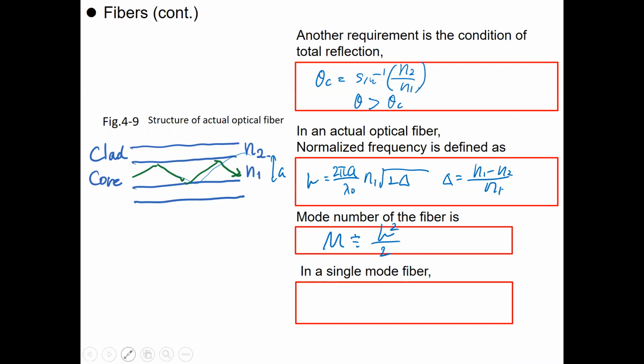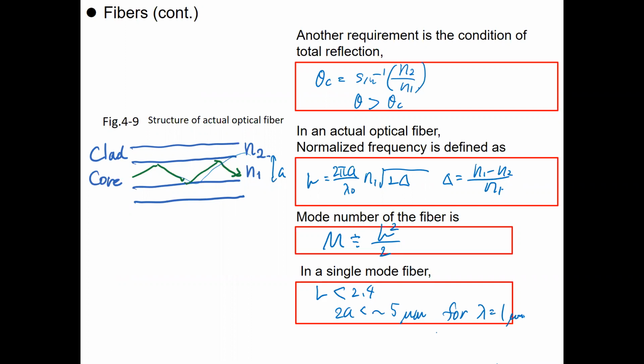You can control this by limiting the a value, the core size. There's a convenient way to know this: if the normalized nu is around 2.4, that is the necessary condition, which typically means a core diameter 2a of like 5 micron for a wavelength of 1 micron.